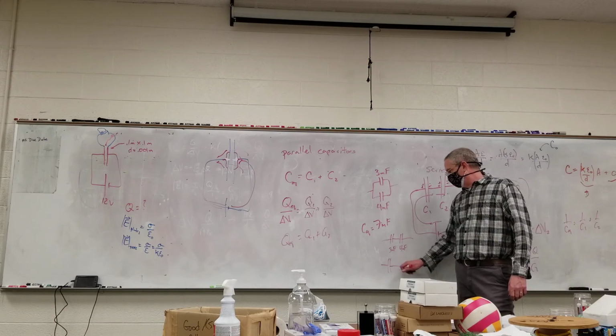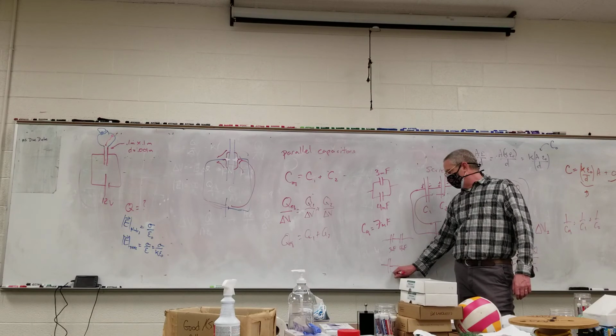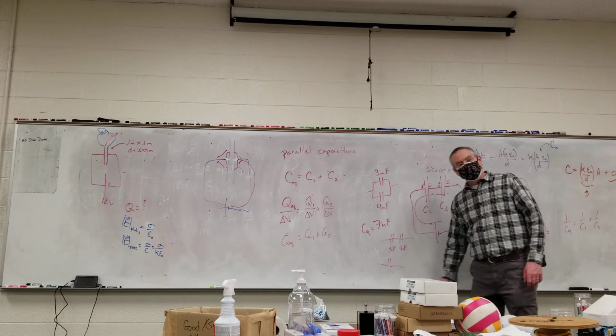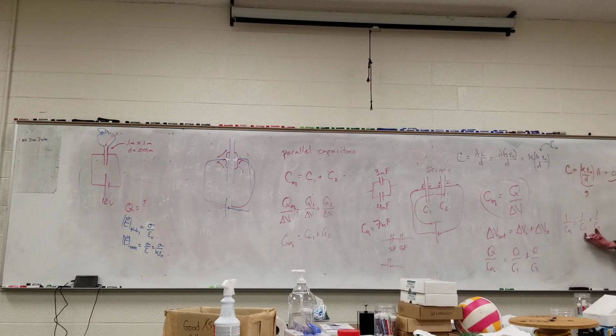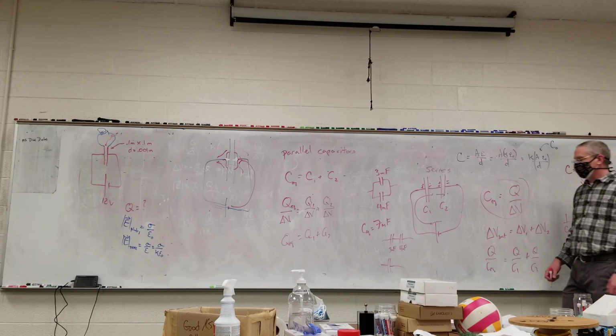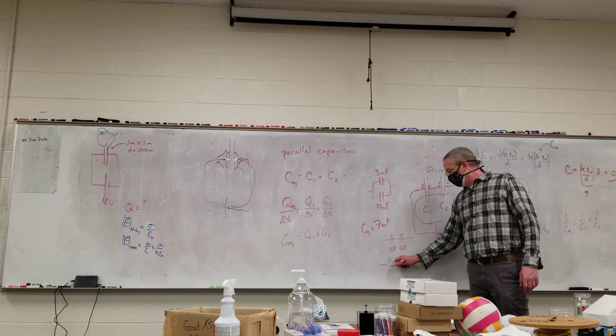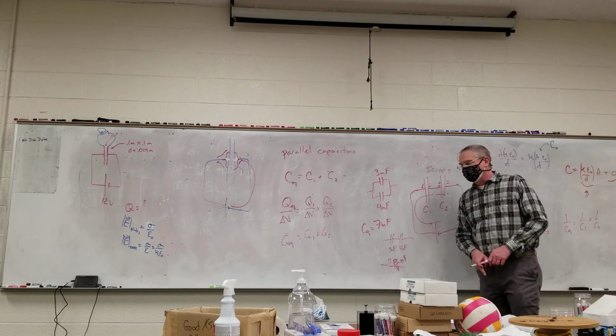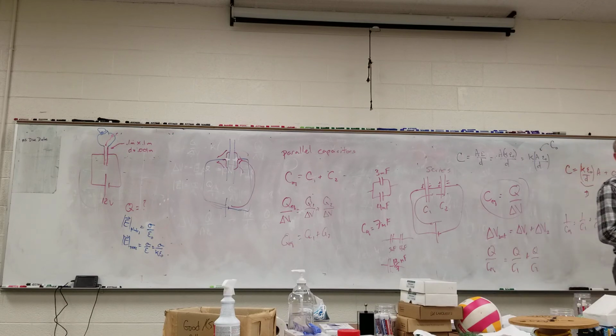Is it 7/12? And then 7/12 is if you added these, but don't forget, that's the reciprocal of the equivalent. That's 12/7. 12/7 millifarads. So it reduces the overall capacitance.